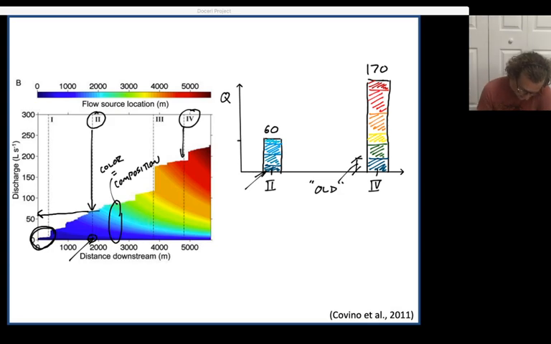In contrast, most of the water that's leaving the catchment was within the downstream 2,000 meters or so. So most of the water flowing out of this catchment did not originate up in the headwaters. Most of the water actually leaving originated close to the gauge. Very little water from the headwaters actually leaves. And we can tell that because that blue bar is so incredibly thin.